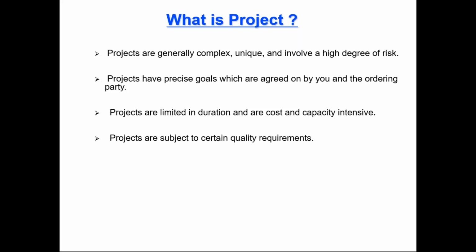Whatever activities you do to operate this machine are operation, because there is no start and no end; it has to be a continuous process. And when I say cost and capacity intensive, capacity resources have to be assigned to execute it. It means everything will not be automated; some resource has to be there to execute the work.